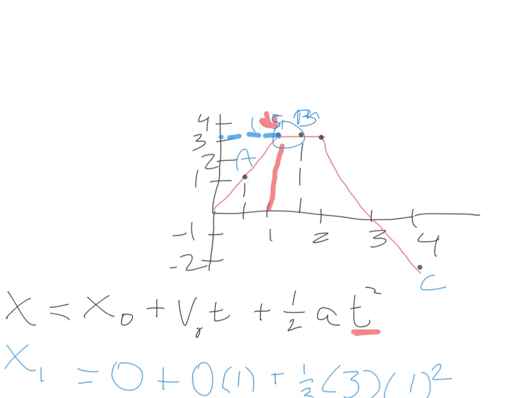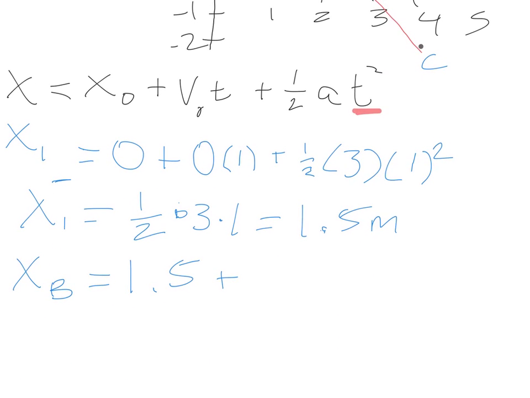And let me be good and write down that this is in meters per second and this axis is in seconds. So that means that my initial velocity is going to be 3, and my time goes in next. Now, since we're trying to find the position at B, we're going to use the time that B is at.